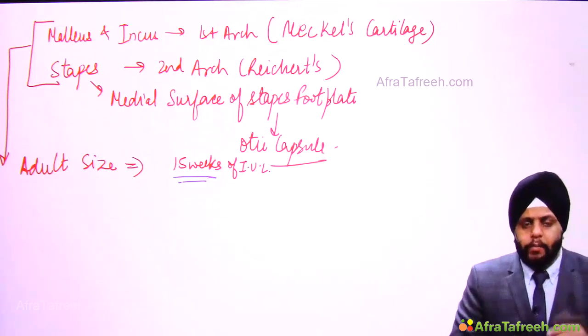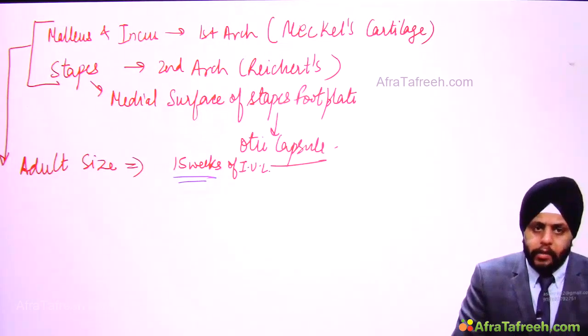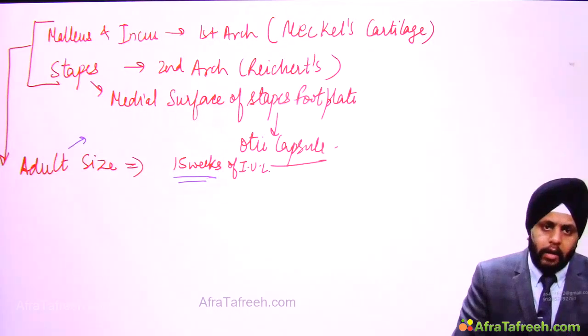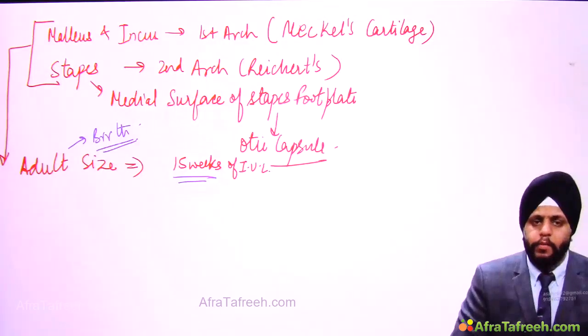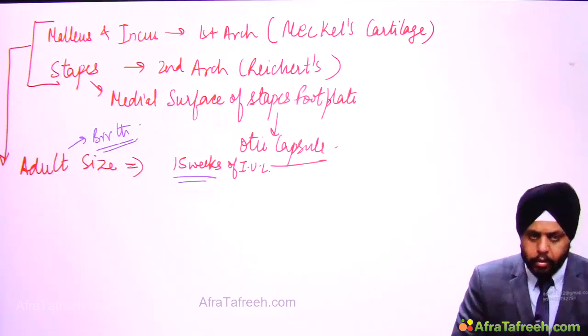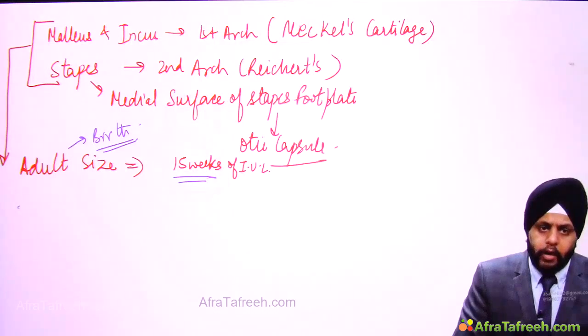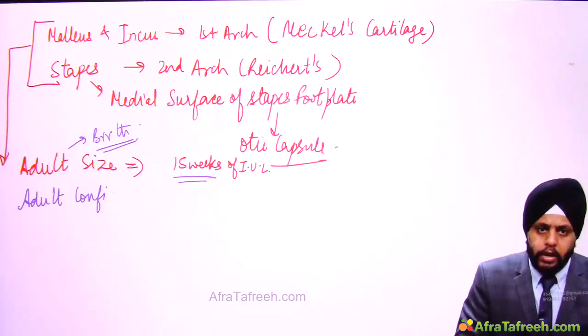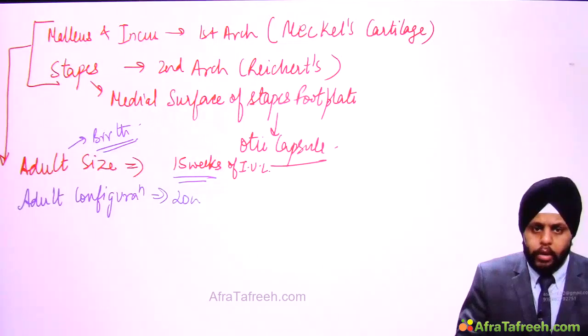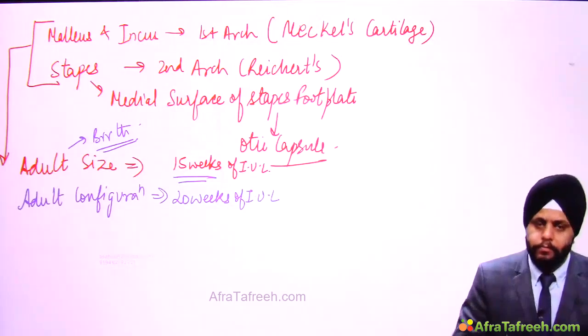So that means if somebody asks whether they are adult size at birth, yes, they are adult size at birth because they have reached adult size much before birth. Now, when do they reach adult configuration? They reach adult configuration by 20 weeks of intrauterine life.